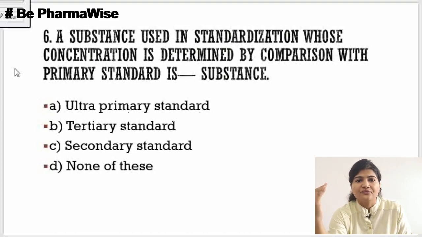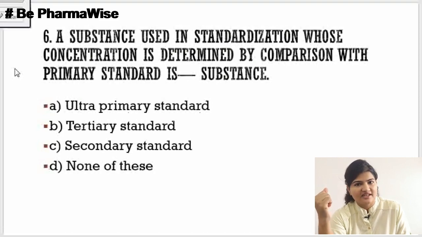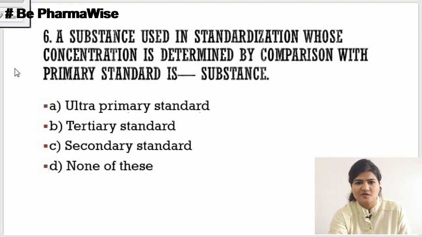They will be pure, they will be stable, they will be highly soluble in the solvents of your analysis, they will have dry solid form, they will be cheaper, etc. These are the requirements for a substance to qualify as a primary standard substance, and then there are other substances which do not qualify all these criteria. We call them secondary standard substances.